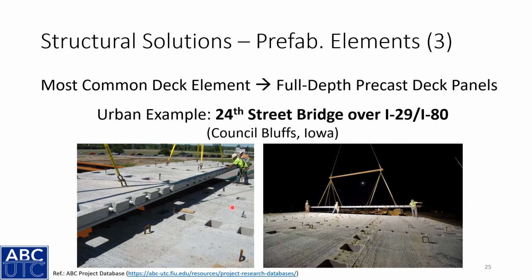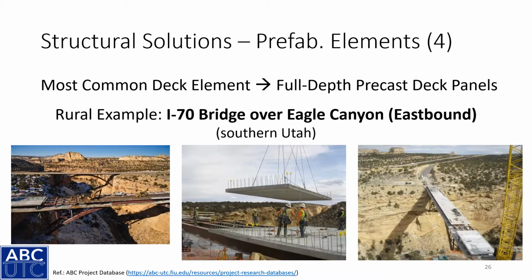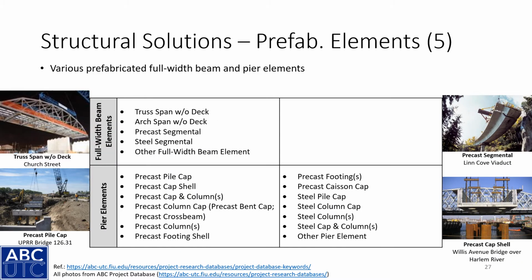You can see two pictures with our shear pockets and our connection pockets for connecting the post-tensioning tendons that attach these longitudinally. Another example of full depth precast deck panels is shown on this slide in a rural setting on a steel arch bridge.